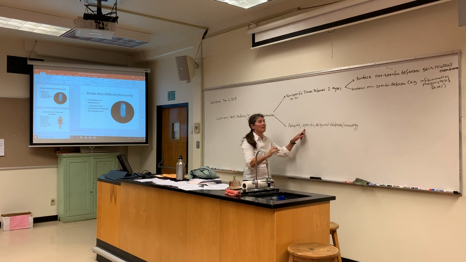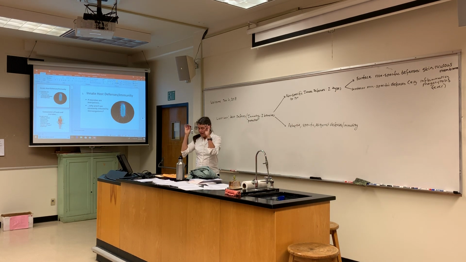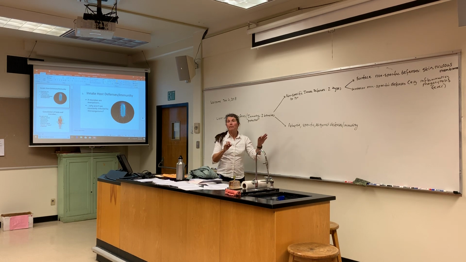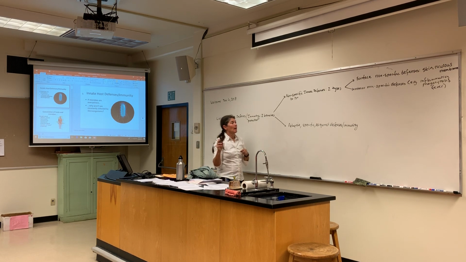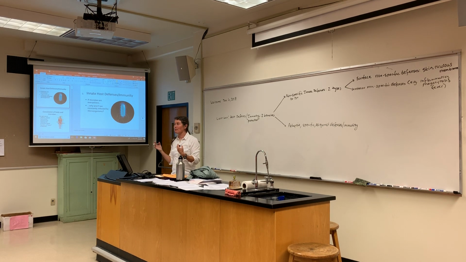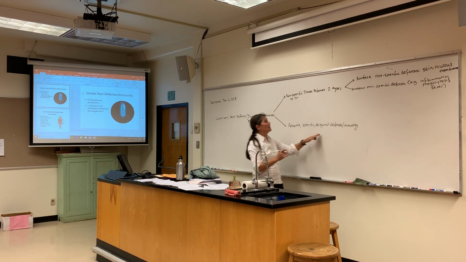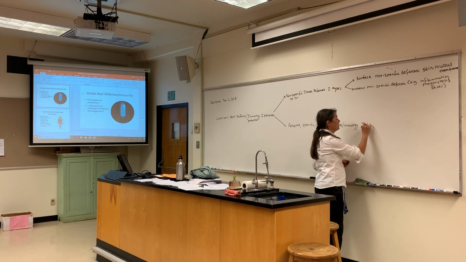Specific because it will be active against a specific type of microbe. Adaptive because it's the system that lets us adapt to the pathogens in our surroundings. Acquired because we have to acquire memory of the pathogens and toxins that we meet in our environment. And here, again, there are two types.